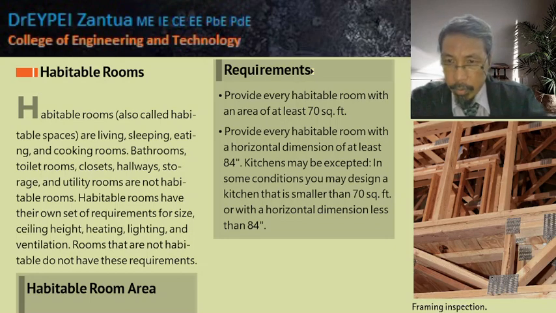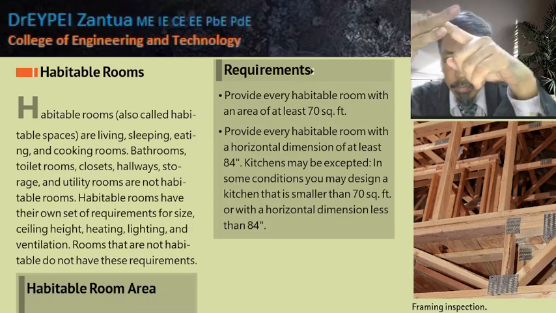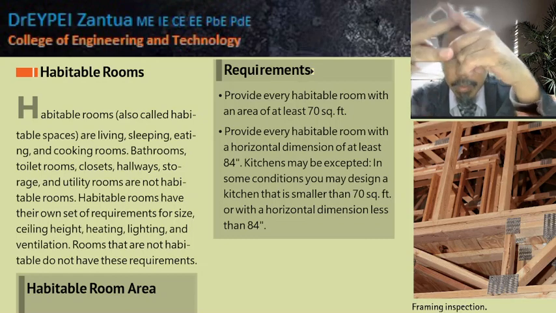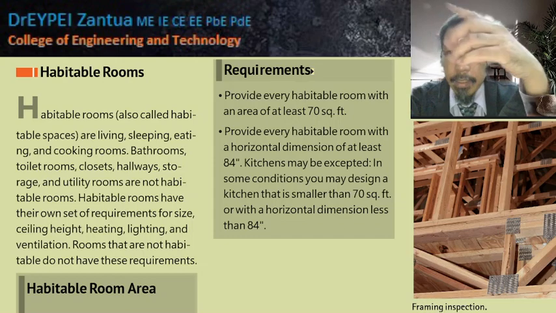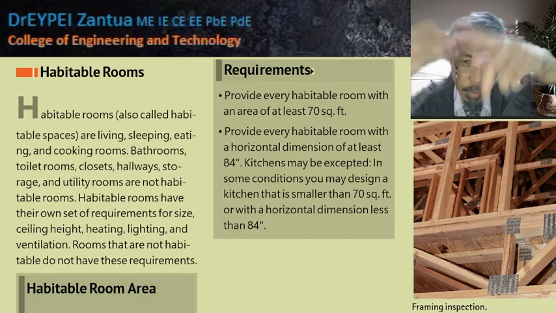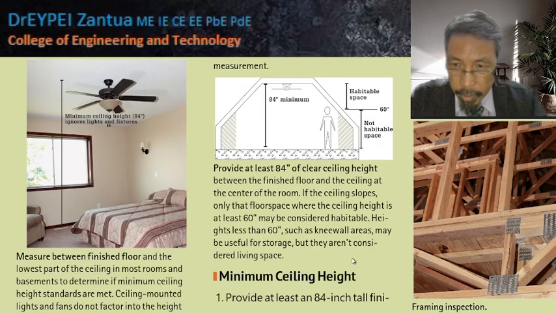Okay, so because kitchen, living room, dining room, sleeping area, or bedrooms are the habitable spaces in our homes. So it includes kitchen, but kitchen may be an exemption with regards to this area and horizontal dimension requirement. Okay, let us go to the next.